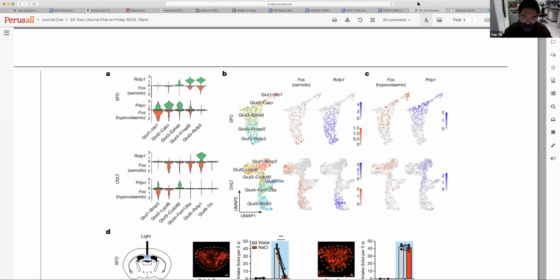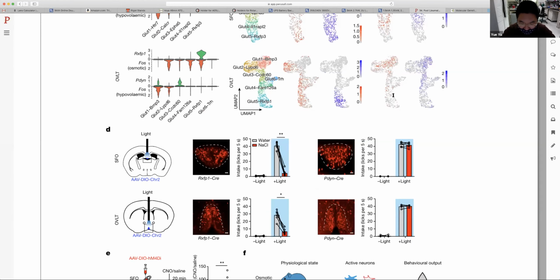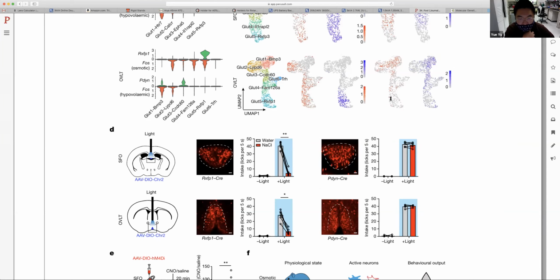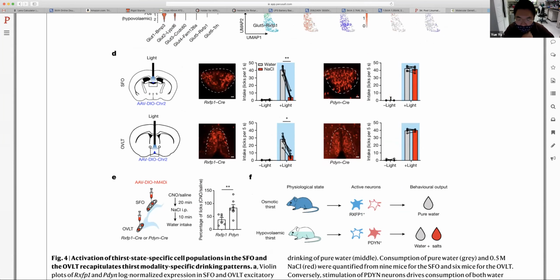So in D, they are trying to do the optogenetic manipulation to activate these neurons, and they find that when they do the light optoactivation on the RXFP1 mice, in both regions they observe a significant increase in water consumption, but no increase in the salt solution. This is consistent with osmotic thirst.